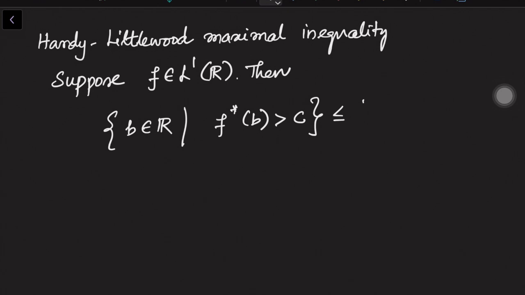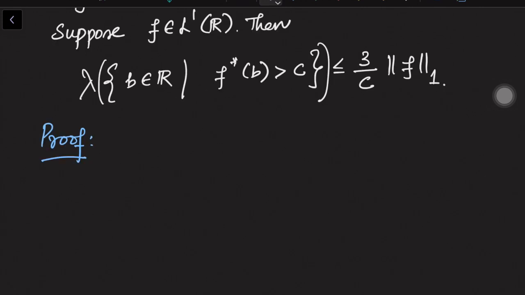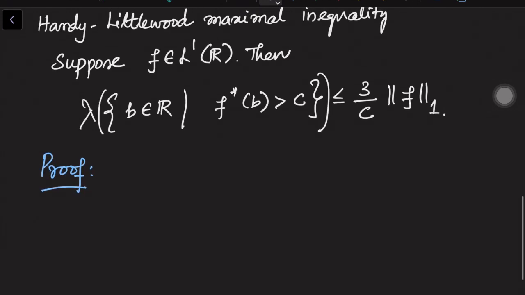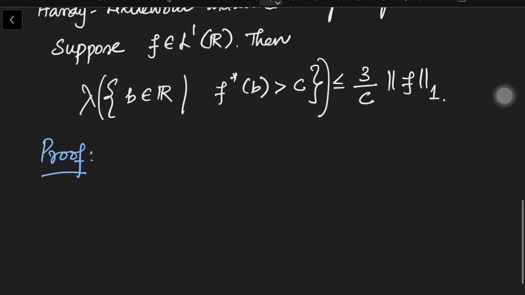Is less than or equal to 3 by C times the norm of f in L1. We will prove this Hardy-Littlewood maximal inequality in the following way.